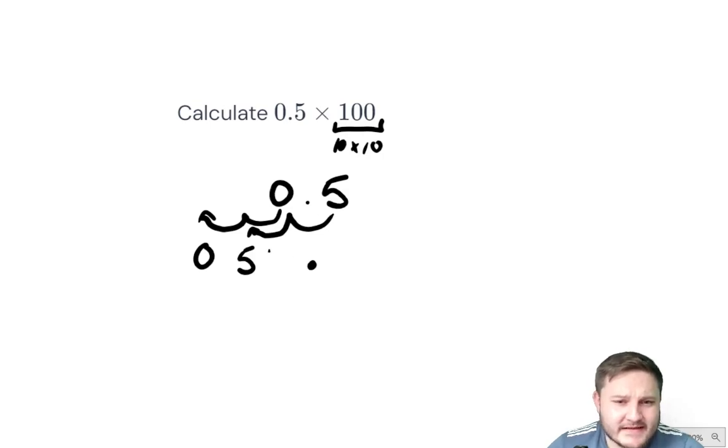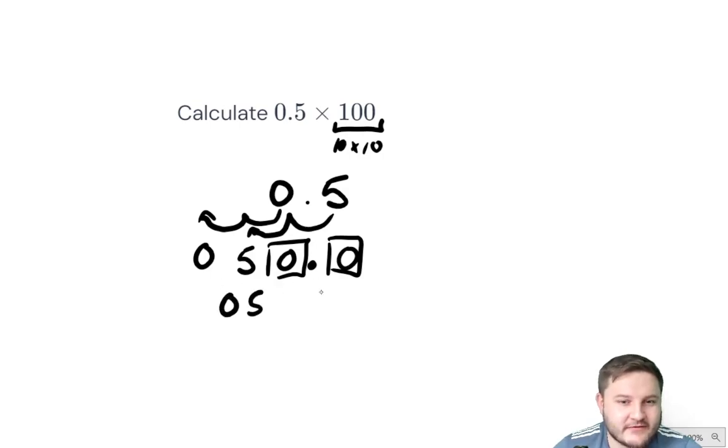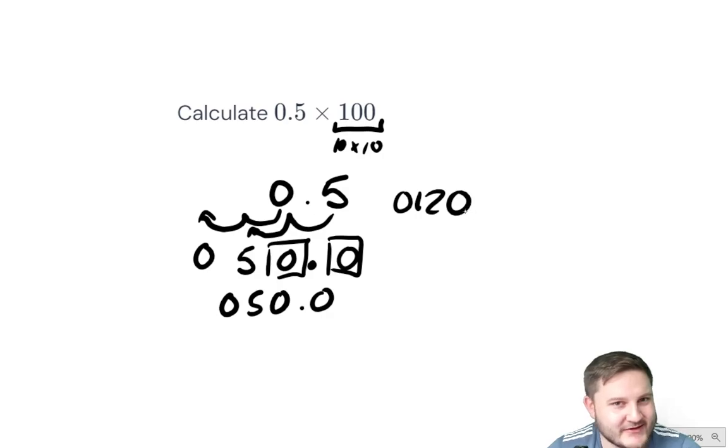Now this here has now got a gap, and this here has now got a gap. So let's fill them in with zeros. So our answer from this is 050.0. However, you wouldn't really write a number like that. You wouldn't have a leading 0 in front of the number. Like, you wouldn't write 120 as 0120. That doesn't really make much sense.